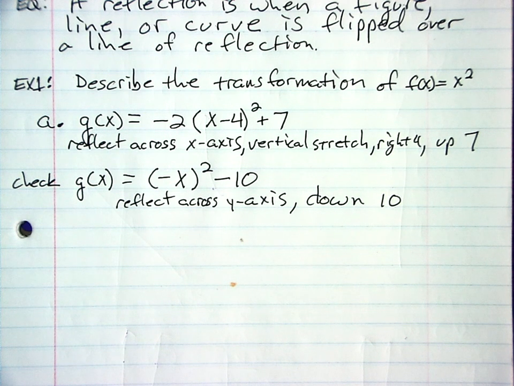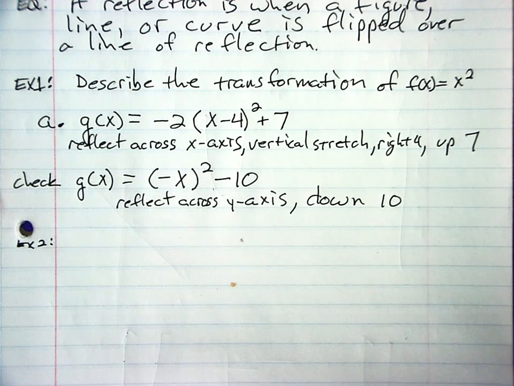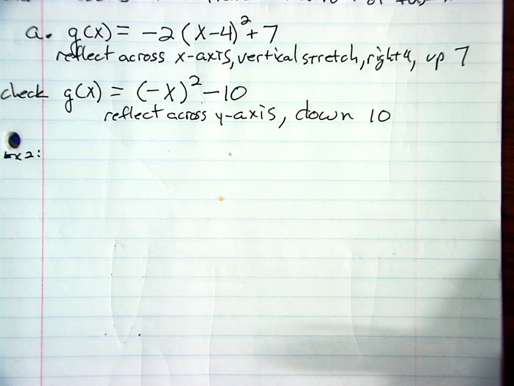All right, let's graph a problem. So this is example 2. In example 2, we're going to do a graph. Tomorrow we're graphing absolute values, so we're kind of getting ahead of the curve a little bit today. Actually, never mind. I caught myself.